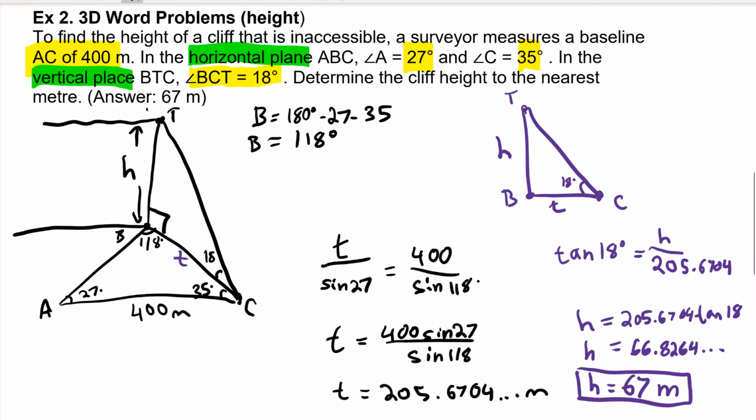In this case, we were looking for side t, which is also the same as side little a. Side little a, which was opposite of angle big A, is equal to side little t. Since those sides were equal to each other, that's the one we were solving for. I use it in my vertical right angle triangle and solve for the height of the triangle.